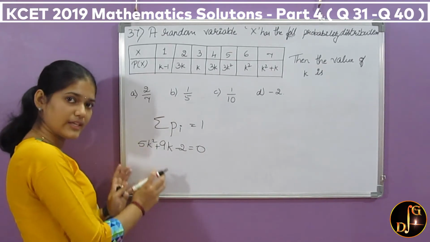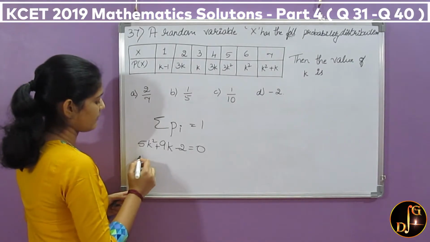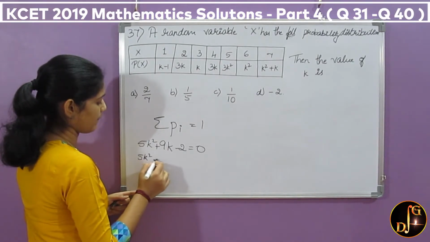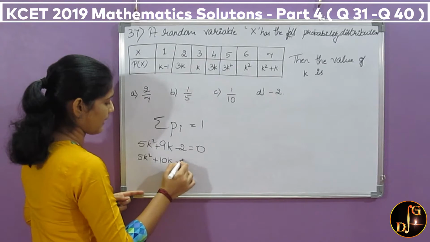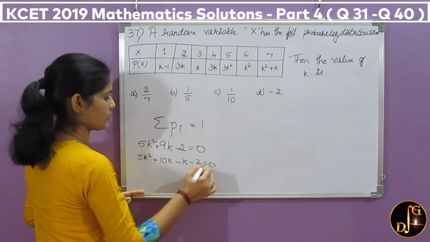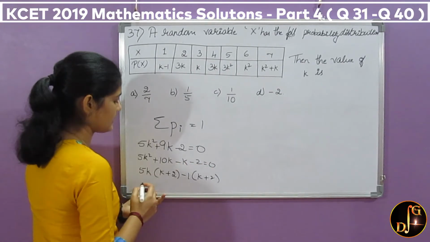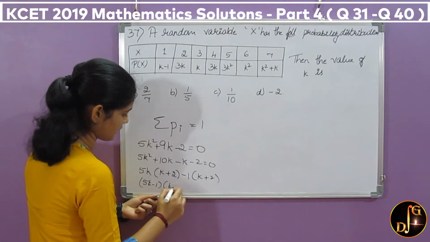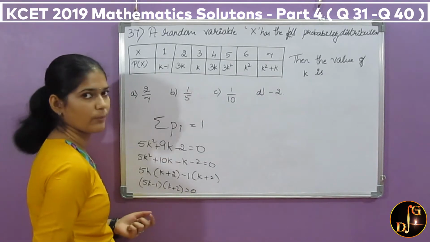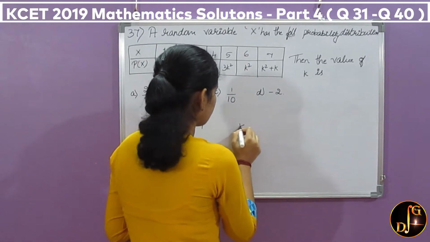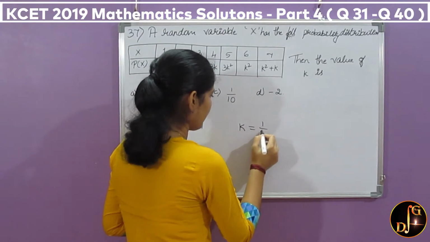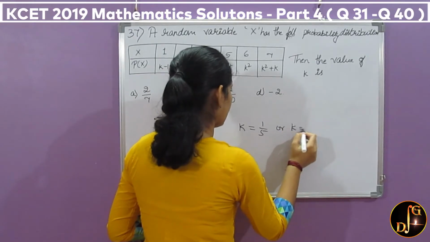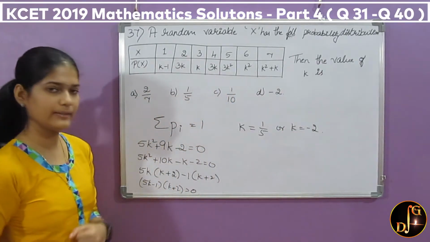Now let's solve this quadratic equation. Then we will get 5k square plus 10k minus k minus 2 is equal to 0, right? That means we will get (5k minus 1) into (k plus 2) is equal to 0. Then the value of k is 1 by 5 or k is minus 2, right?